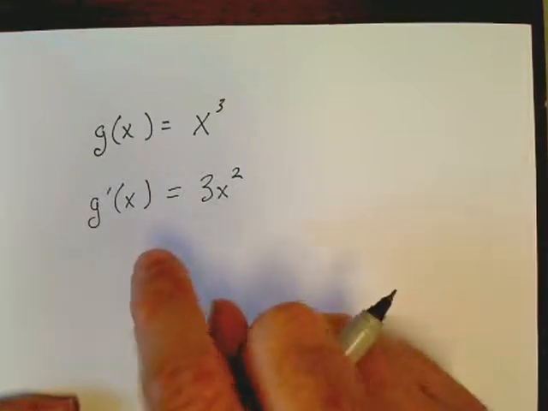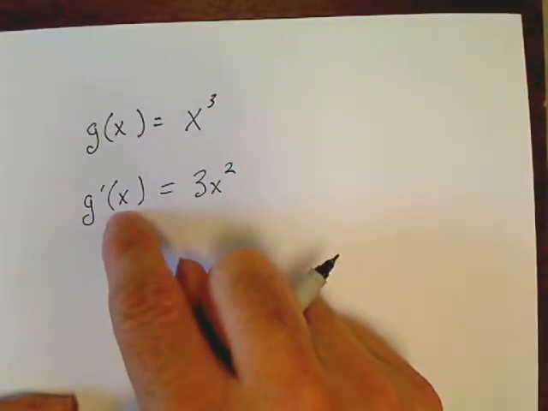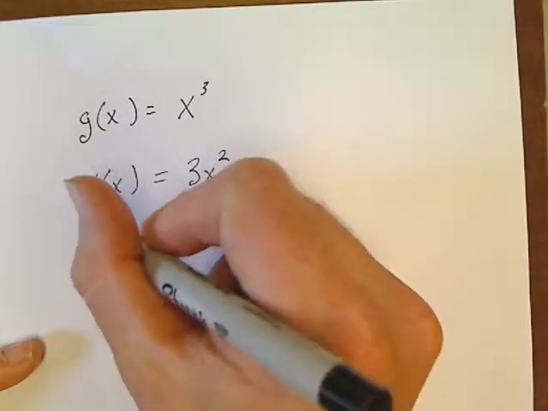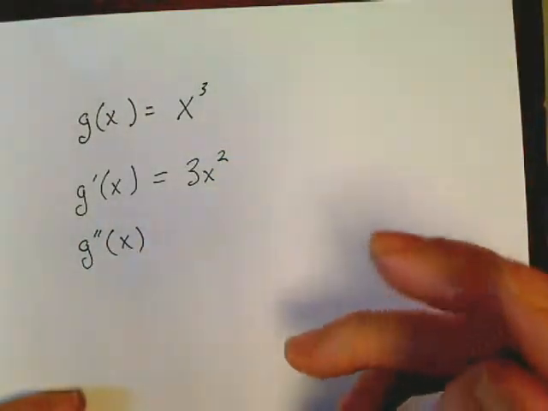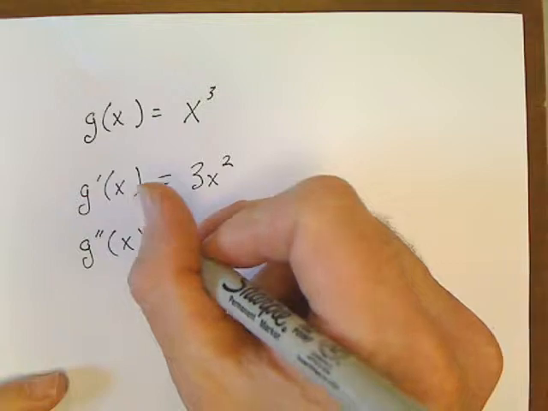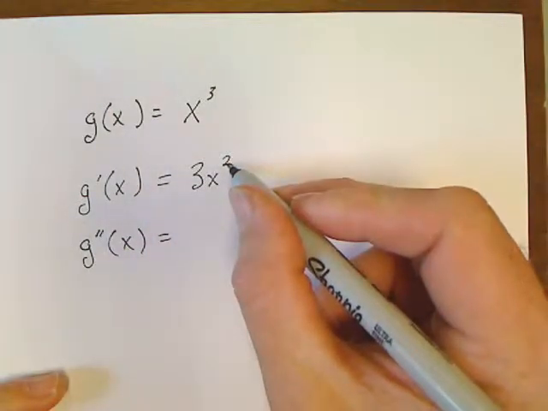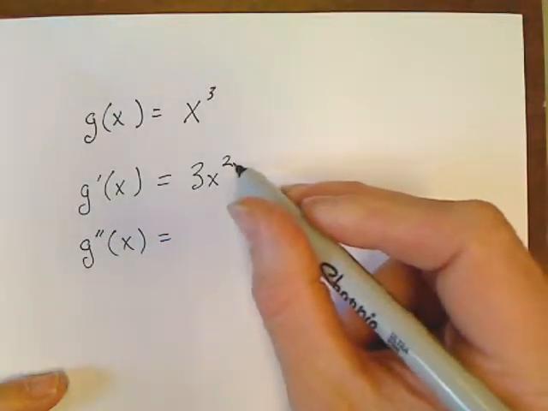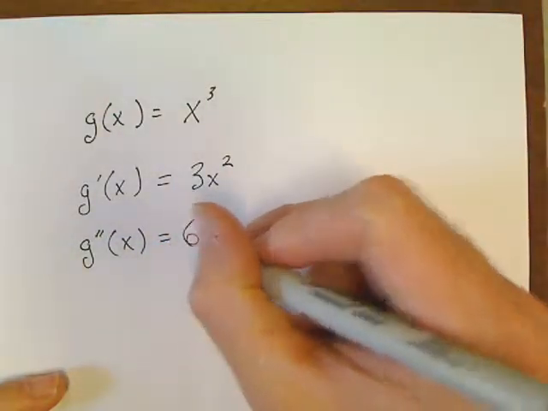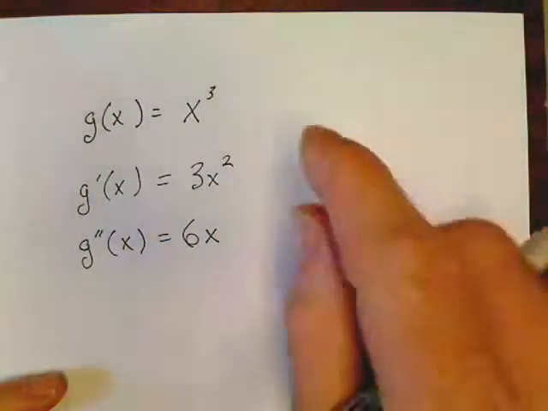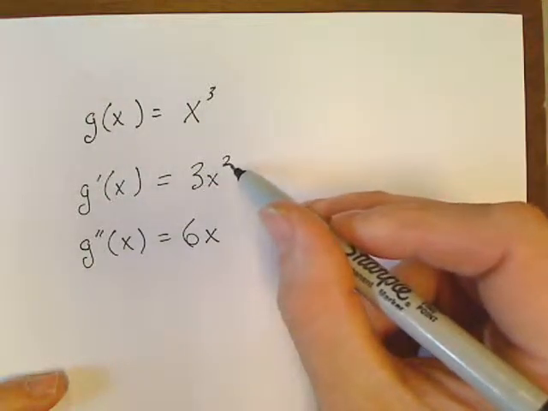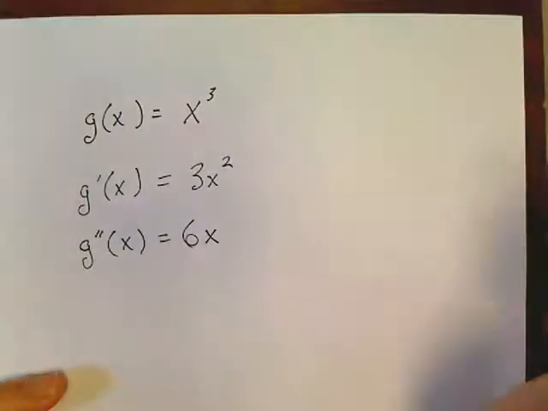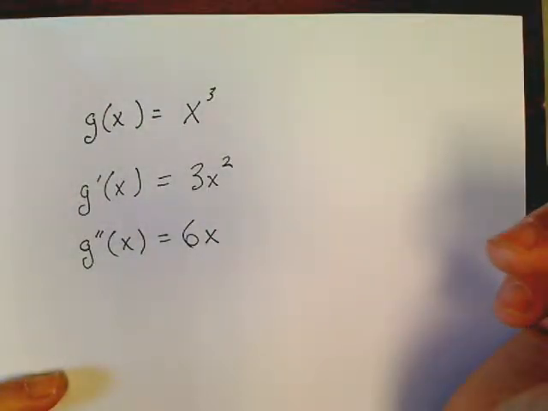And you don't have to stop with this first derivative. You can keep taking derivatives. If I want to take another derivative, I make this little symbol, and once again multiply by my power. I've got my second derivative here: 2 times 3 is 6x. And 2 minus 1 is 1. I'm not going to write down the number 1, but there's my answer.